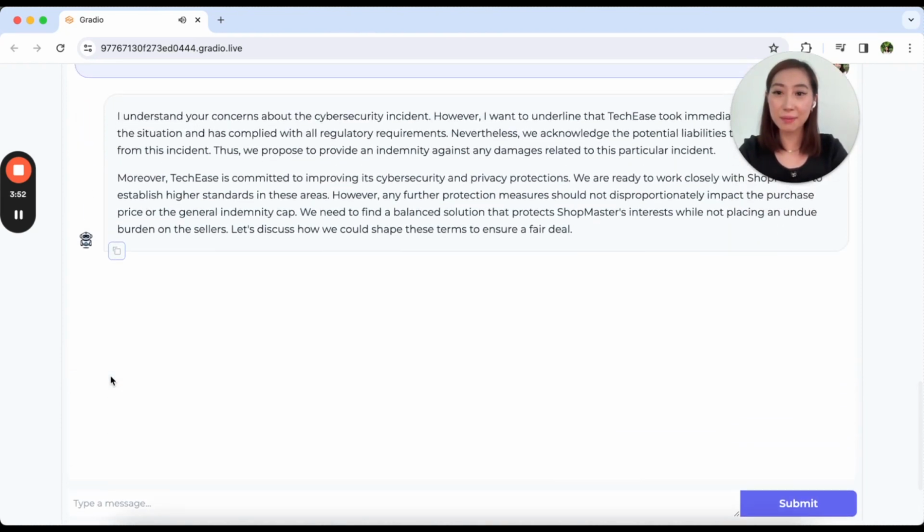I understand your concerns about the cybersecurity incident. However, I want to underline that Tachys took immediate action to remedy the situation and has complied with all regulatory requirements. Nevertheless, we acknowledge the potential liabilities that could arise from this incident. Thus, we propose to provide an indemnity against any damages related to this particular incident.